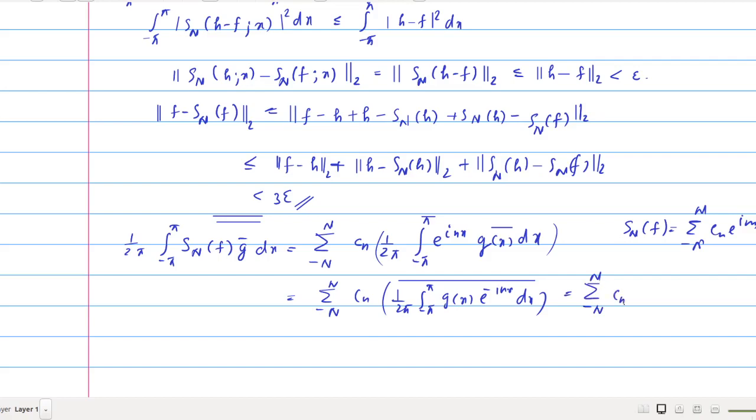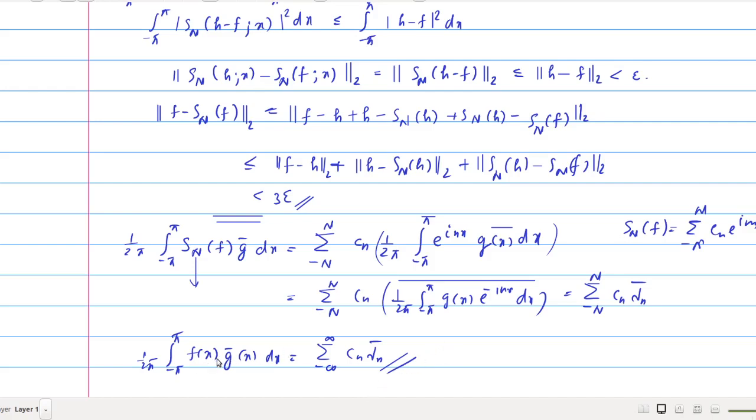So this becomes Cn gamma n conjugate. As n tends to infinity on both sides, this converges to the corresponding f, since this is a sequence of partial sums of the Fourier series of f. So this integral tends to 1 by 2 pi integral from minus pi to pi of f of x g bar x dx. That becomes, as n tends to infinity, the summation from minus infinity to infinity of Cn gamma n conjugate. Okay, so this proves the second result.